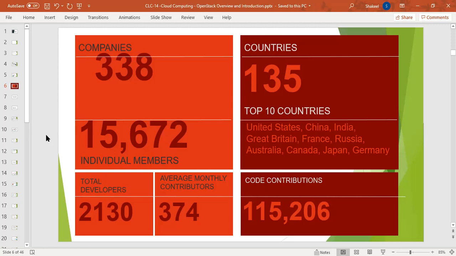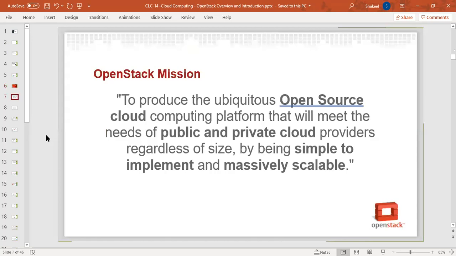Code contributions are 100,206, and the top 10 countries supporting this venture are the United States, China, India, Great Britain, France, Russia, Australia, Canada, Japan, and Germany.